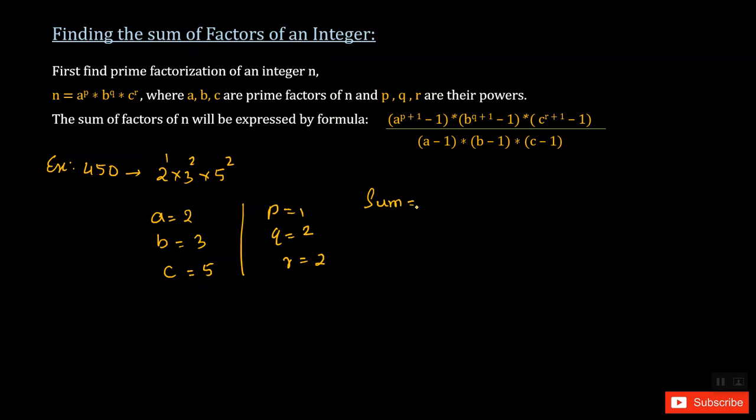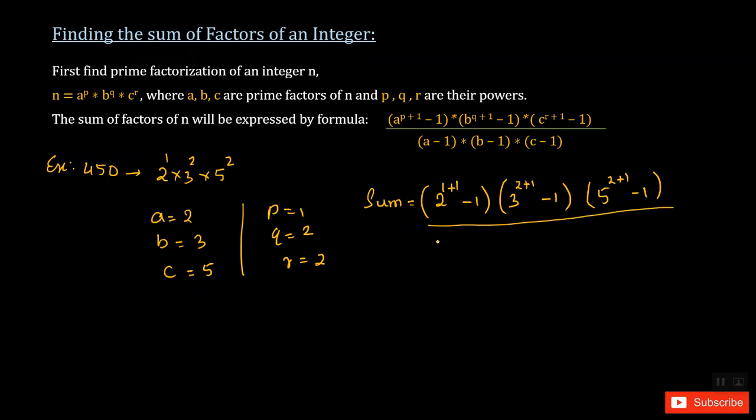Sum is equal to 2 to the power 1 plus 1 minus 1, times 3 to the power 2 plus 1, because this time the value of q is 2, minus 1, times 5 to the power 2 plus 1 minus 1. This is divided by 2 minus 1, 3 minus 1, 5 minus 1.